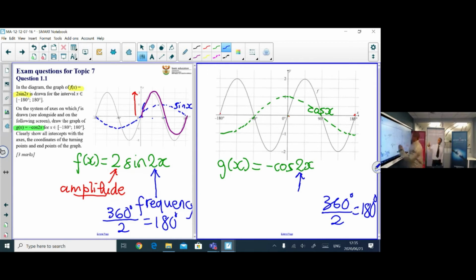So it means you are going to be moving a bit faster than this. And as you saw with the other graph, you can actually look at what is happening in each quarter of the wavelength, or in other words, in each 45 degrees. So this graph would be pretty quick. It will be moving a bit fast.